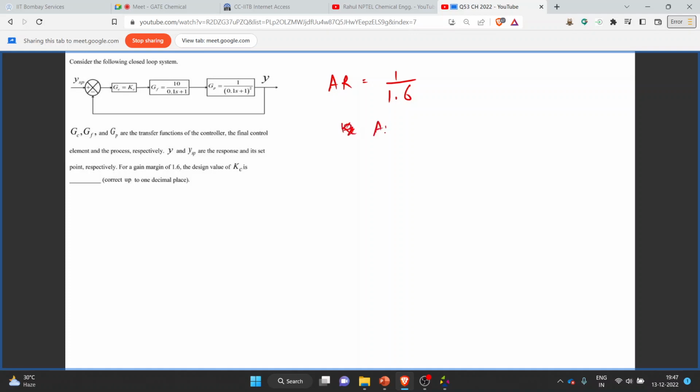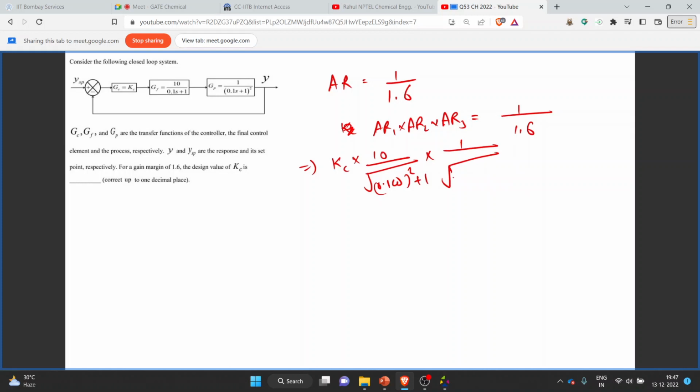So we can write AR1 into AR2 into AR3 is equal to 1 upon 1.6, that is Kc into 10 upon the square root of (0.1 omega) whole square plus 1, into 1 upon the root of (0.1 omega) whole square plus 1, and since here we have a square, this will again be squared.